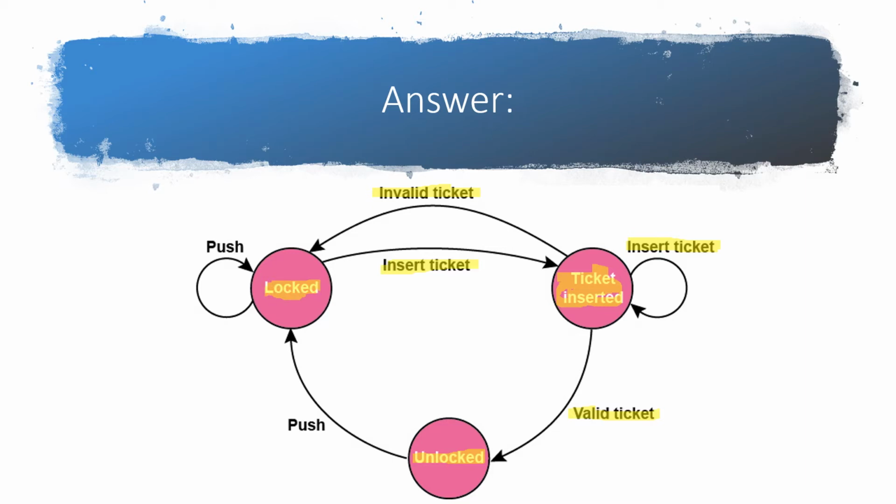So this time, putting the ticket in moves us to a new state, and on that state we have to perform some sort of logic to determine if the ticket is valid or not. And you can see that if the ticket's valid, it goes to the unlocked state, which means the person can then push the barrier and it will go back to the locked state again. So that is an expanded version.